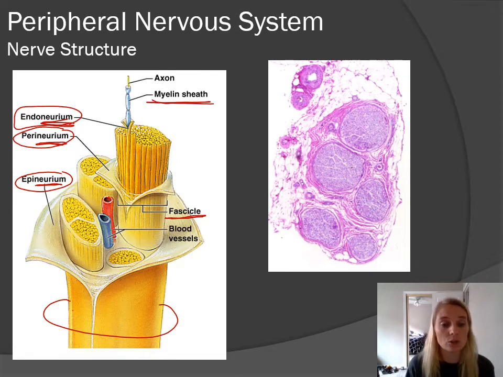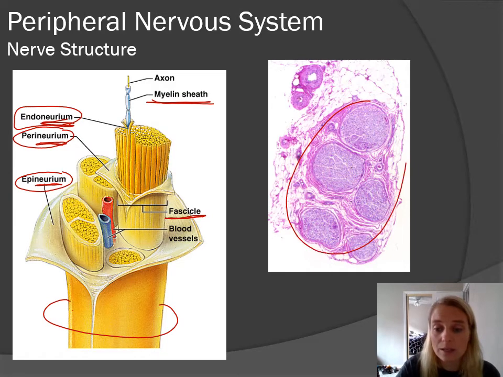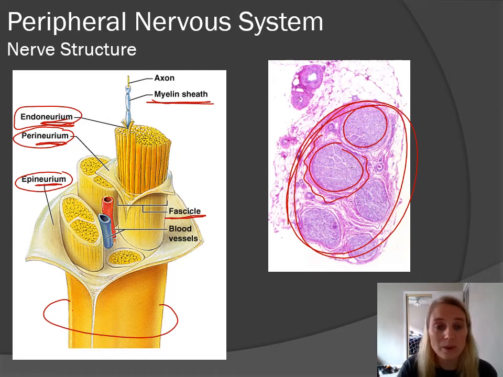This particular one is showing a myelin sheath. So in this cross-section of a nerve over here on the right, we can see the nerve as a whole. That's where your epineurium is. Each one of these circles is a fascicle, and this material here would be the perineurium. If you were to zoom in, you might be able to see individual little circles.